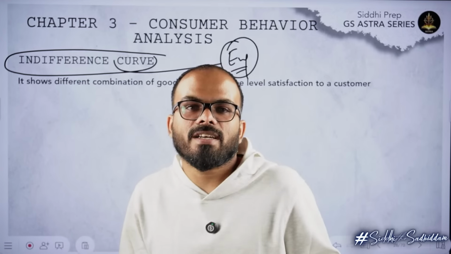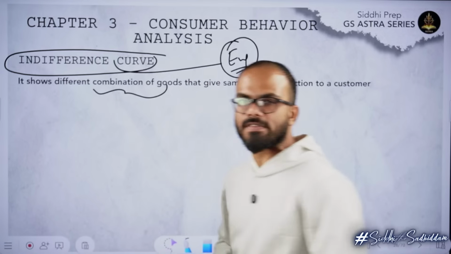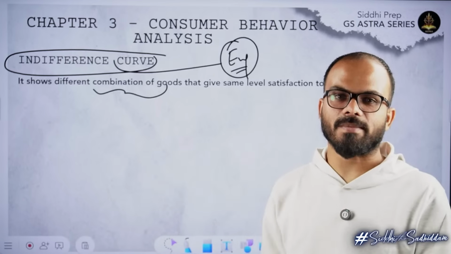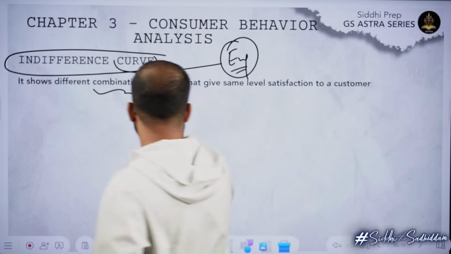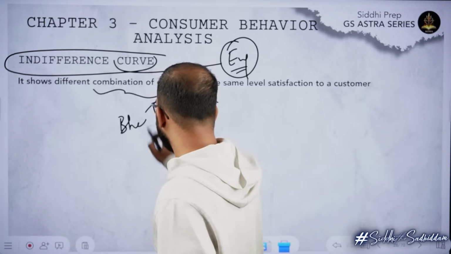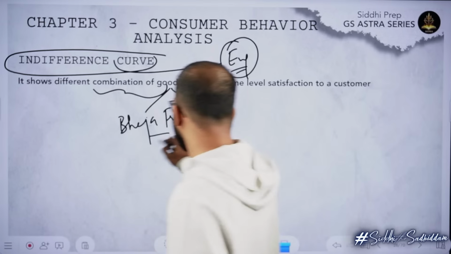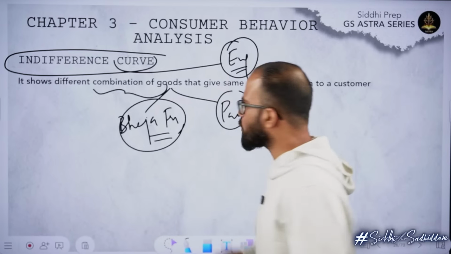So the indifference curve talks about the combination of goods. For example, let us say we were talking about the early morning non-veg breakfast example. So let us say we have two different options over there. One option is bheja fry, or bheja curry. The other is paya. These are the two different curries that you have.